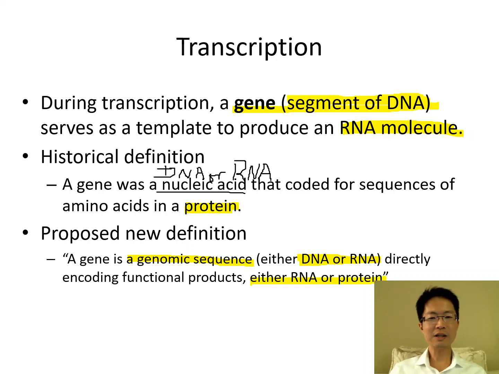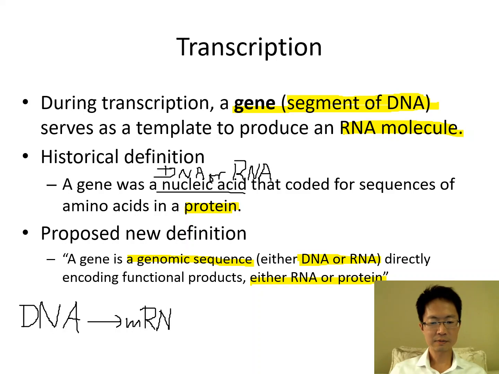So this is relatively more scientifically accurate because we talk about the same central dogma that we mentioned: DNA becomes RNA, and then RNA becomes protein or polypeptide.